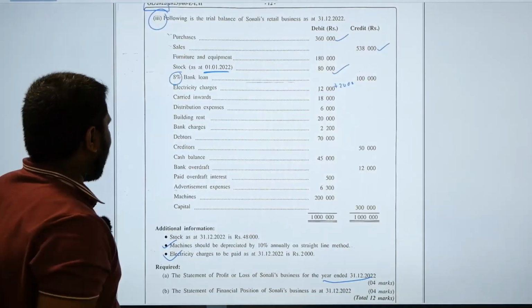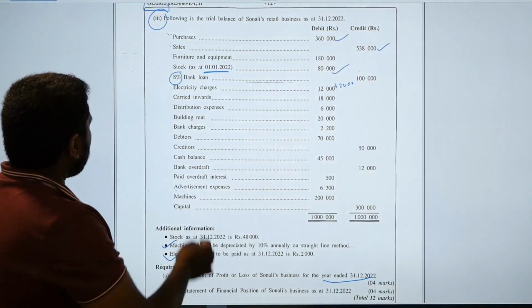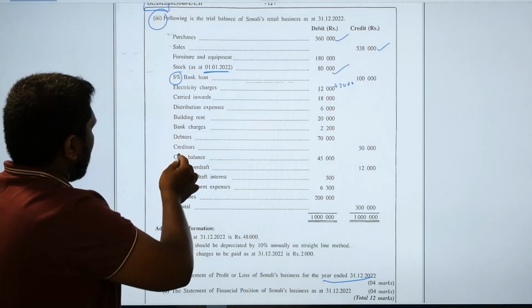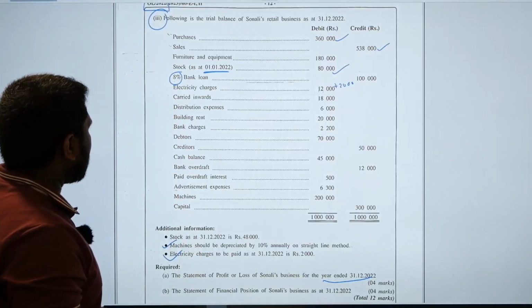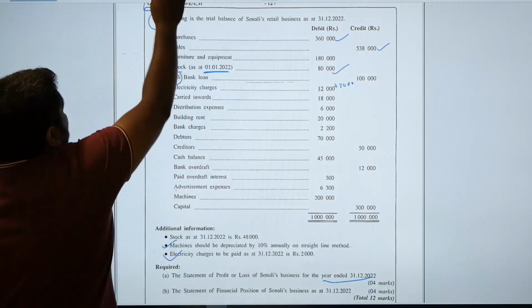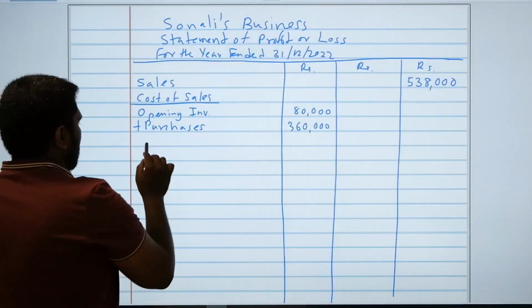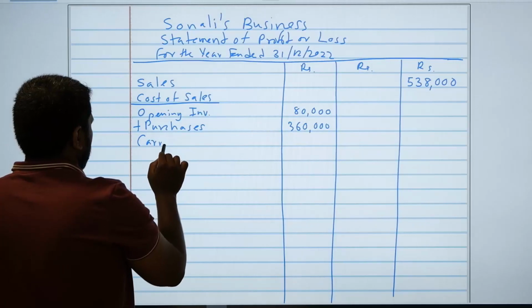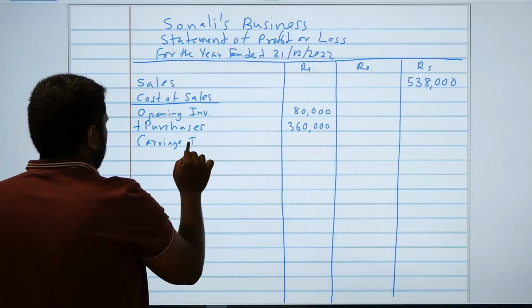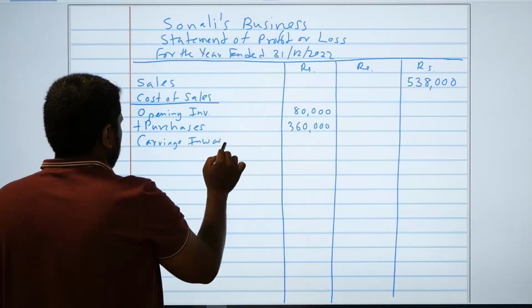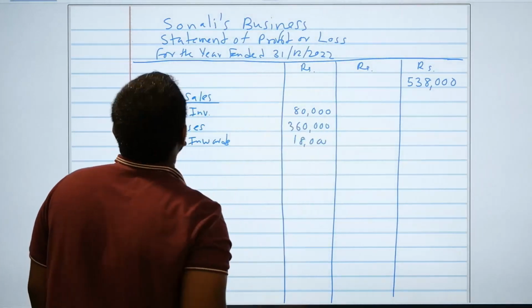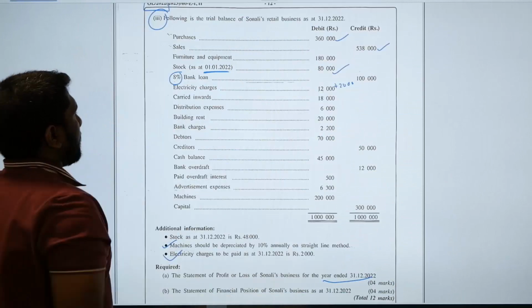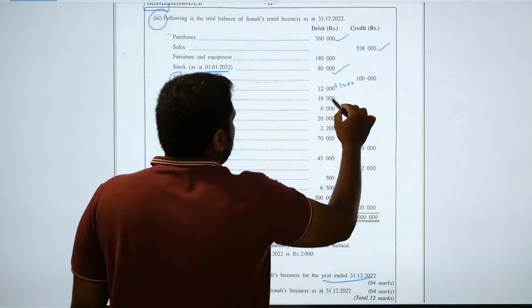So let me check whether there are any purchase returns. And we have carriage inwards 18,000. So we are done with that one as well.